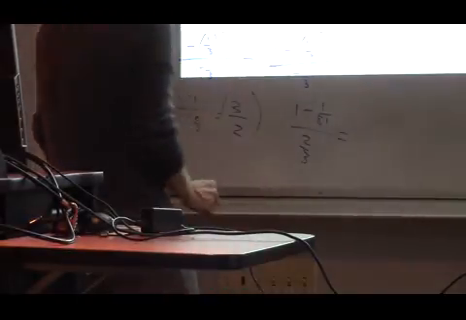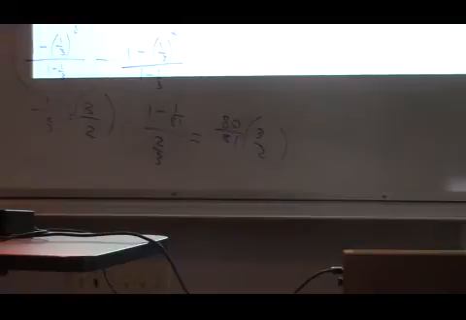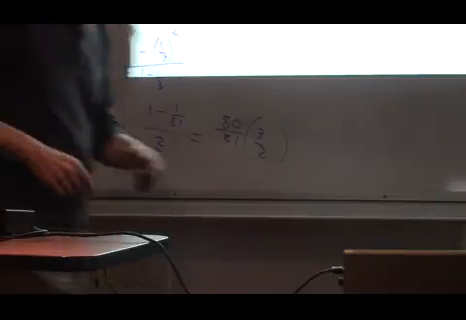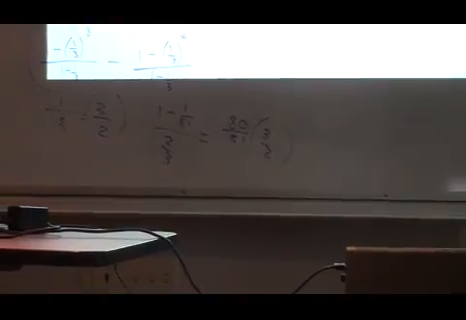So this is going to be 80 over 81 times 3 over 2. So it's going to be a little bit smaller. Anyway, that's how you would solve it. Okay? So geometric series.